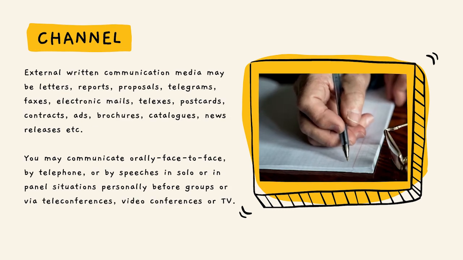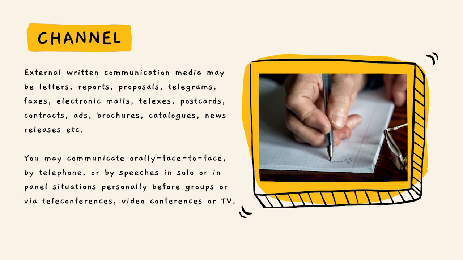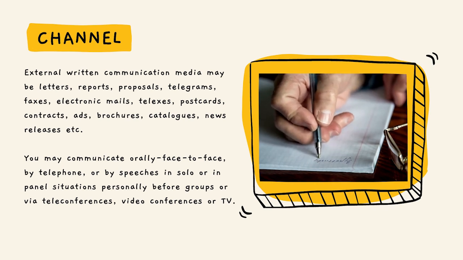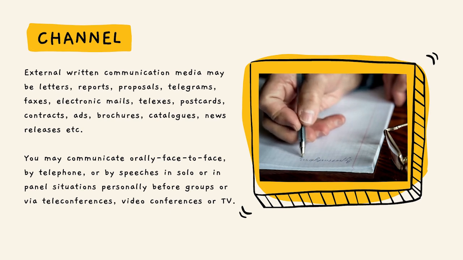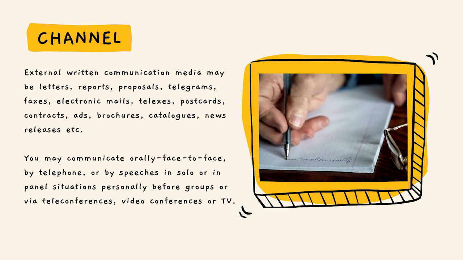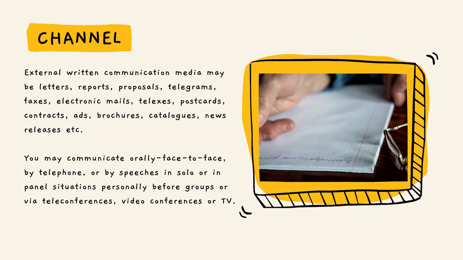External written communication media may be letters, reports, proposals, telegrams, faxes, electronic mails, telexes, postcards, contracts, ads, brochures, catalogs, news releases, etc. You may communicate orally face-to-face, by telephone, or by speeches in solo or in panel situations, personally before groups, or via teleconferences, video conferences, or TV.